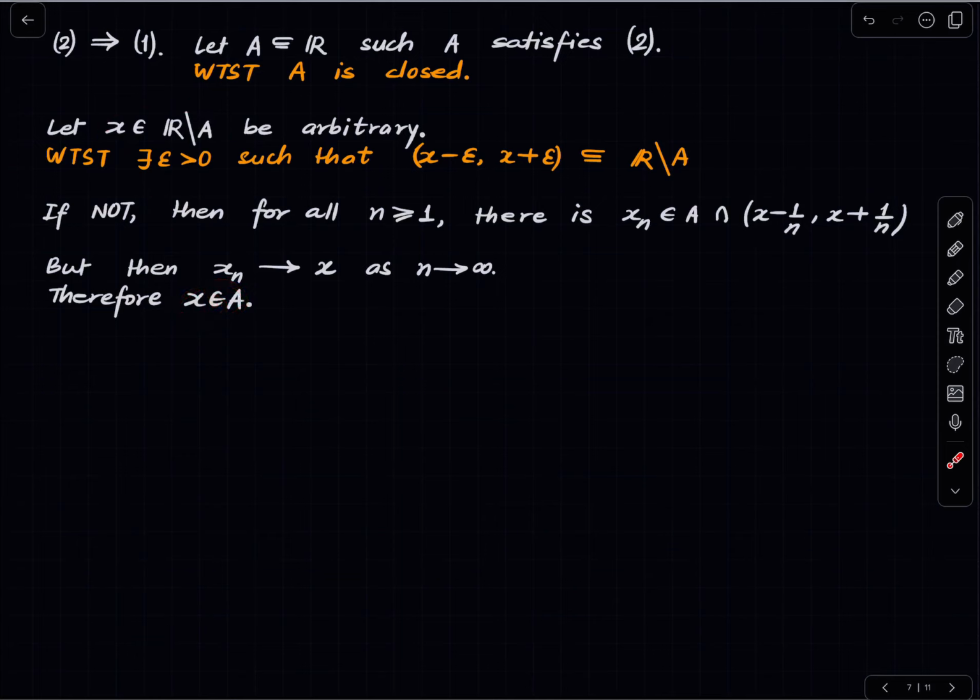So this is a contradiction, and this finishes the proof of 1. Right, so we have a nice criterion to decide if a subset of the reals is closed. This criterion is in terms of convergence.